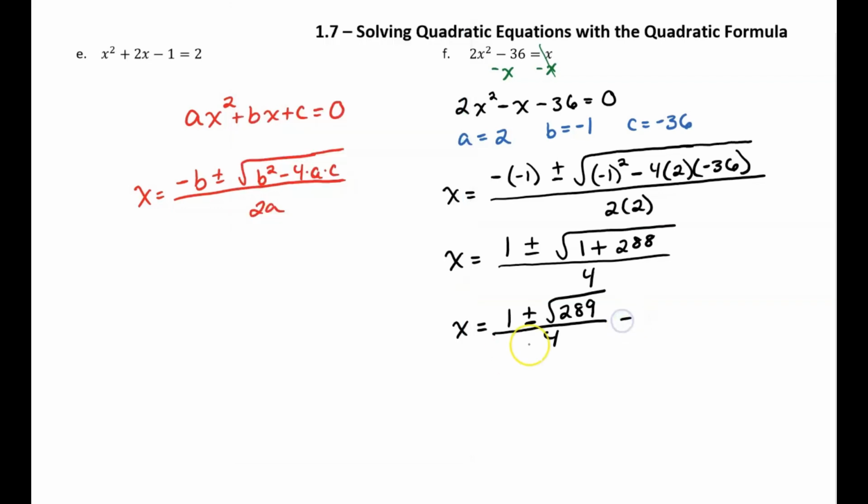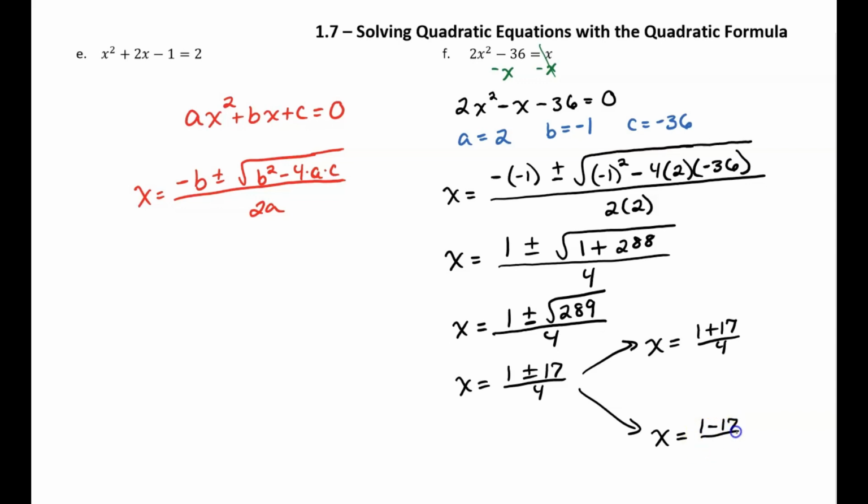So I can say this is equal to 1 plus or minus 17 divided by 4. Split it apart. We have x is equal to 1 plus 17 divided by 4. And then we have x equals 1 minus 17 divided by 4.